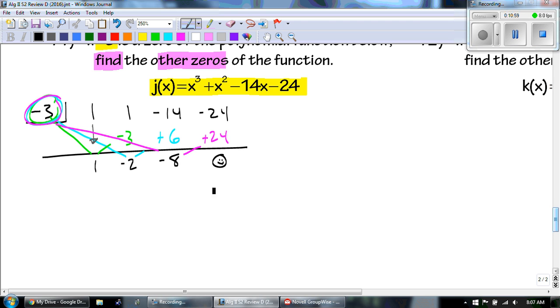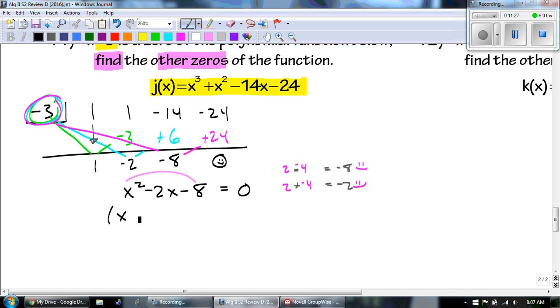Now, I'm not done because we have x squared minus 2x minus 8, but I want to find the other zeros, which means I'm going to set that equal to 0 and solve. I want numbers that multiply to get to -8 and add to get to -2, which are 2 and 4, and the 4 is negative.